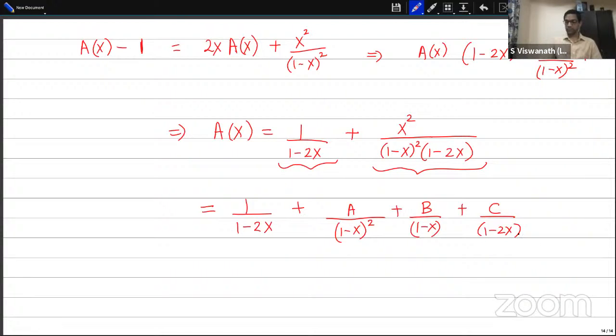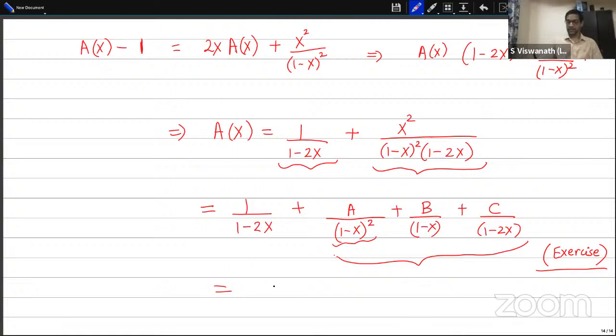Okay, so I'm going to leave it at this point as an exercise for our tutorial on Sunday. So please do try this, determine the values of a, b, c, and then like last time, like in the first problem, expand. Once you know the values of a, b, c, you can just write out the power series of each of these terms using either the geometric series or, for 1 over (1 minus x) squared, we already know the formula, and so on.